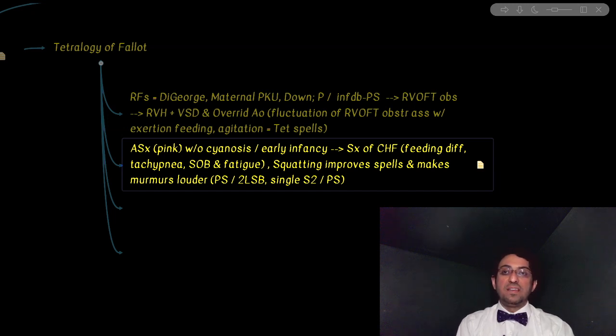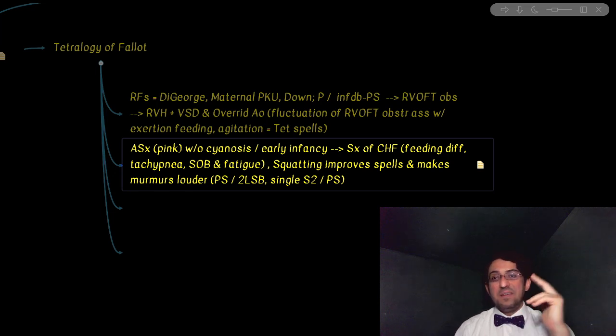Well, fixed splitting S2 in an infant with facial and dysmorphologic features as described of Down syndrome will indicate presence of ASD as the ostium primum type, and the mechanism of harsh systolic murmur would be the common atrioventricular septal defect seen in the endocardial cushion defect in association with Down syndrome.